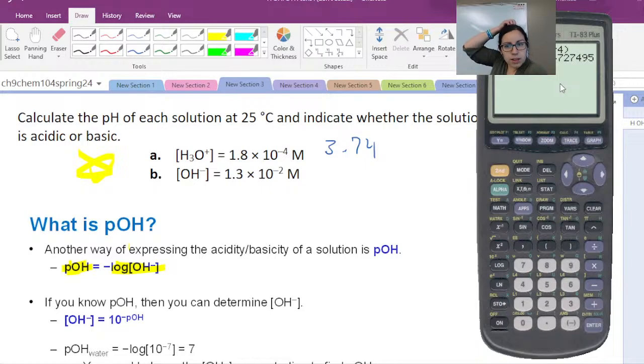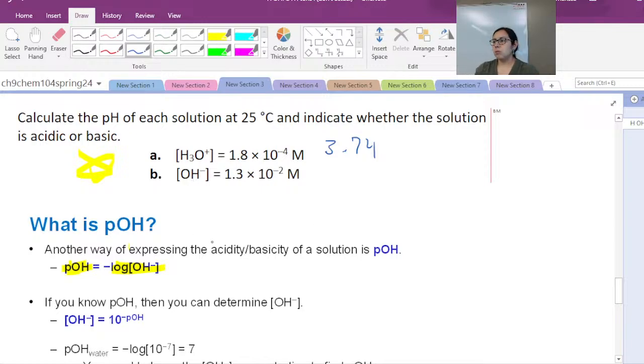All right, so that looks good. But then what did y'all do for this next one? What are some thoughts? There's a couple of different ways we could get our pH for this. So what could we have done?